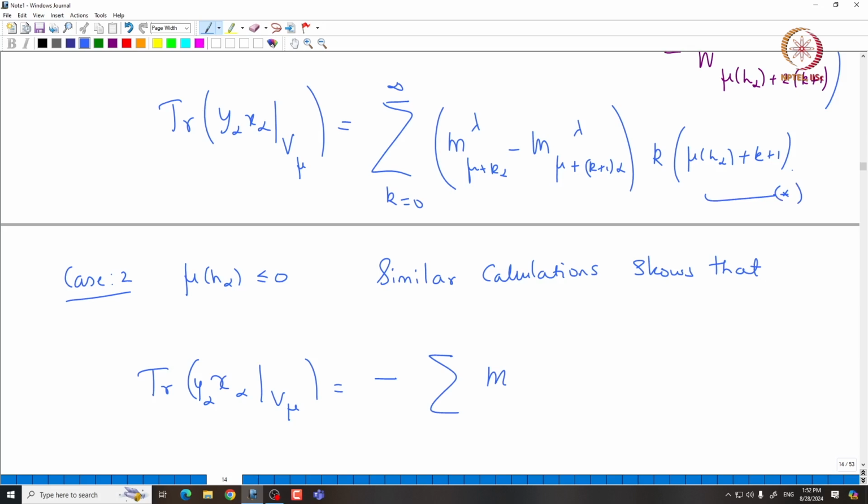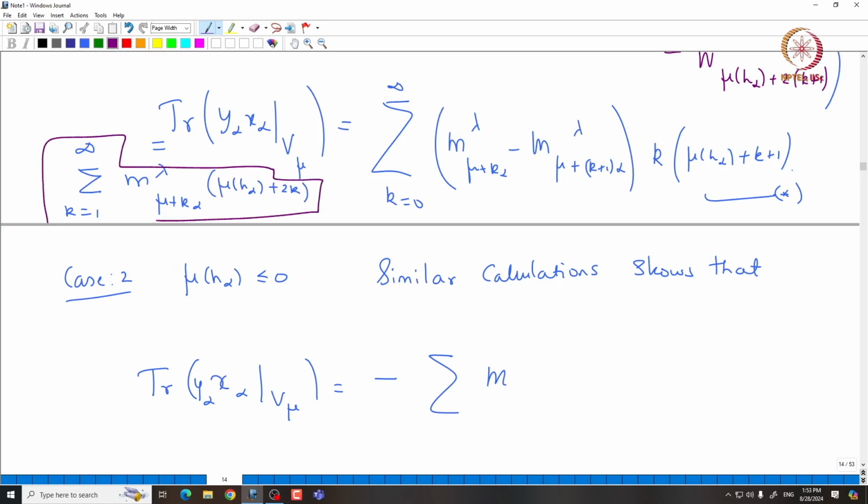If you rewrite this, you can easily see that this is exactly equal to the summation, k equal to 1 to infinity, of the multiplicity of mu plus k alpha in lambda times mu of h alpha plus 2k. This is not very hard to see, let me leave it as an exercise. Just rewrite this, and you get this.